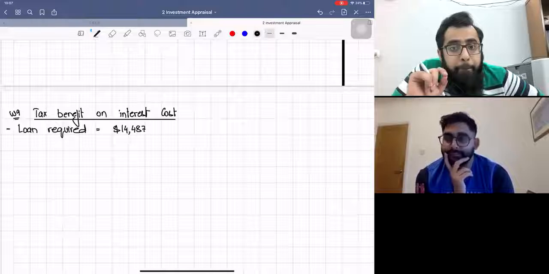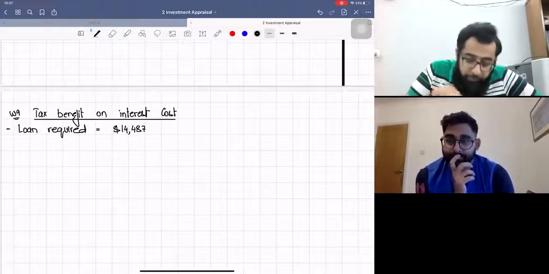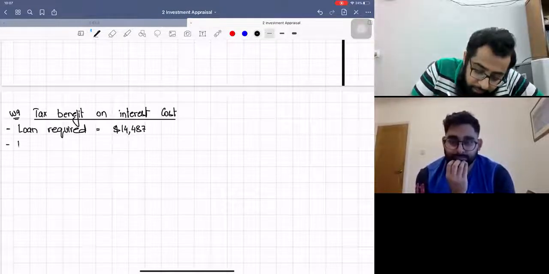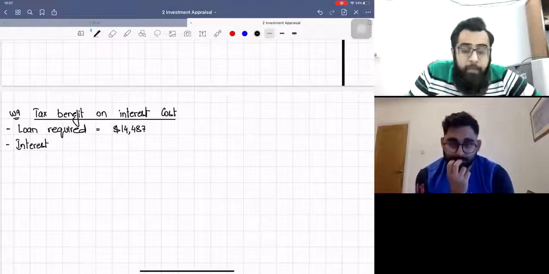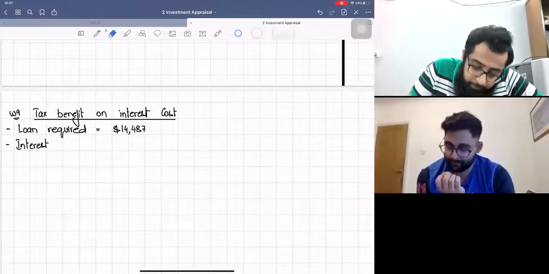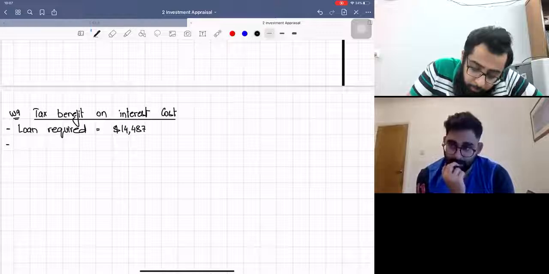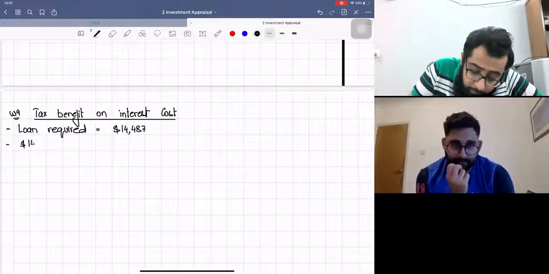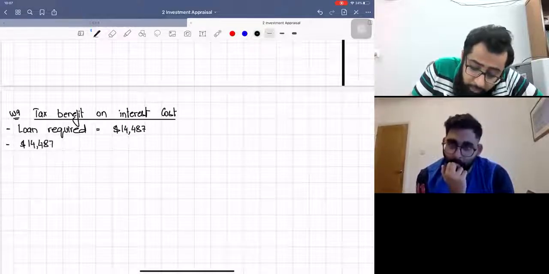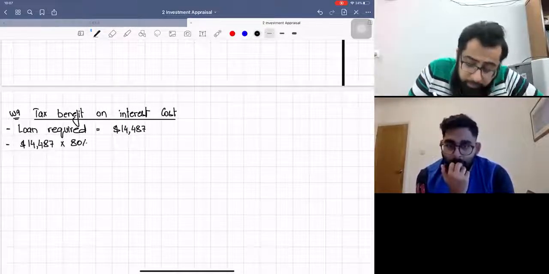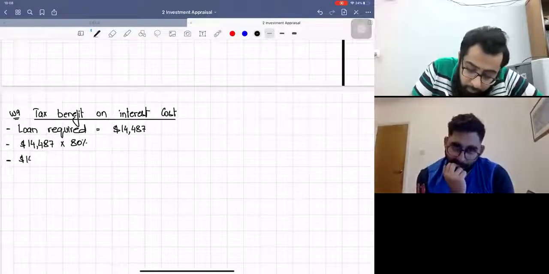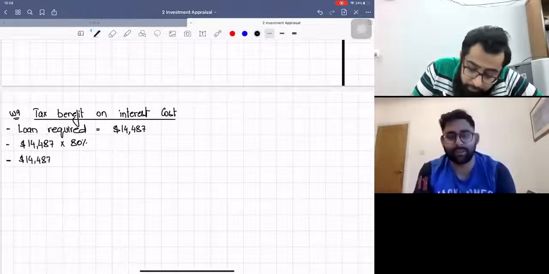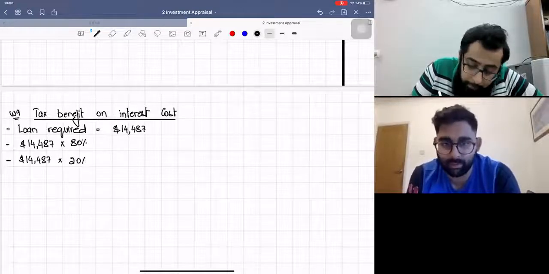Now you have to look at it very carefully. What I'm doing is calculating the interest. 14487 into 80% will be from the government. Where have you got this 80 from?